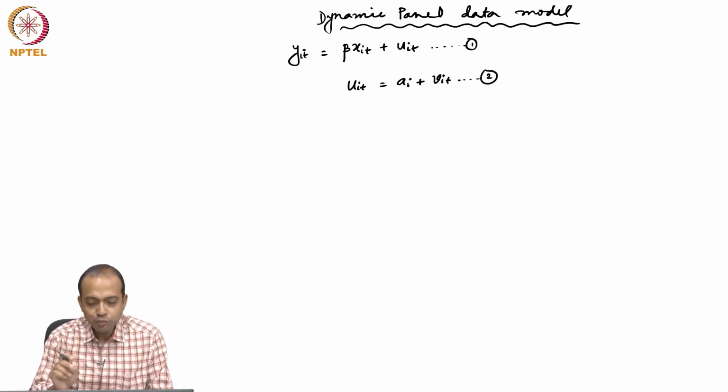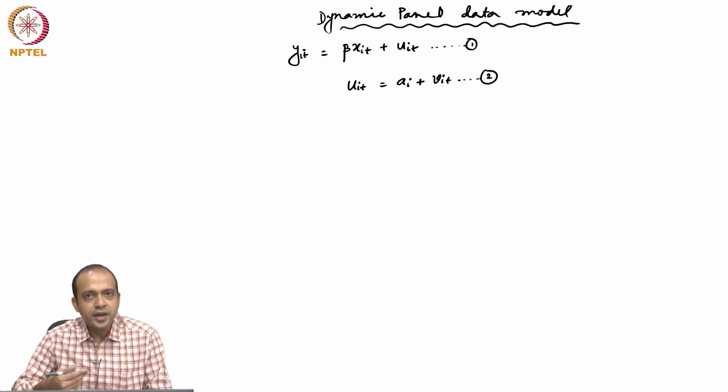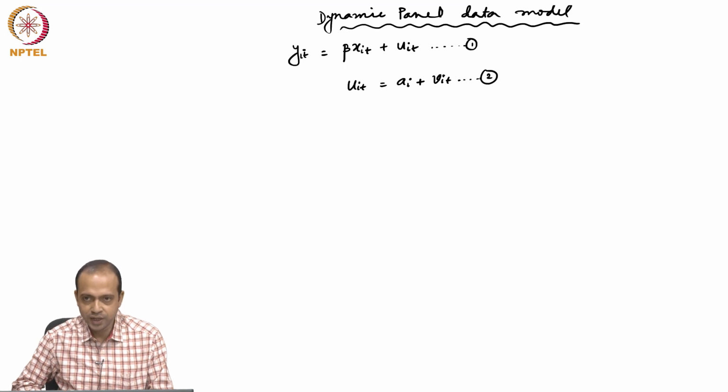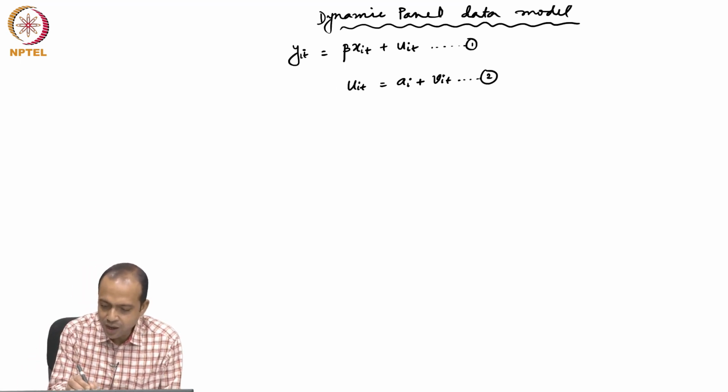Now, you all know by this time what a_i is. a_i is the individual specific, time constant, unobserved effect, and v_it is the standard idiosyncratic error.